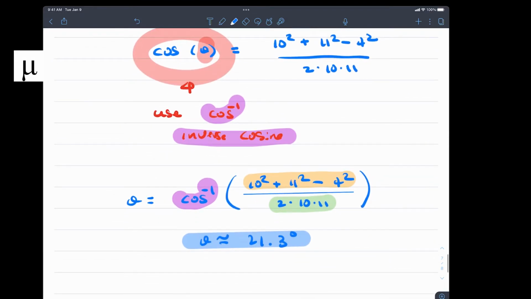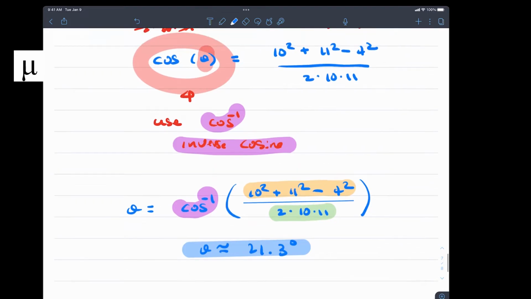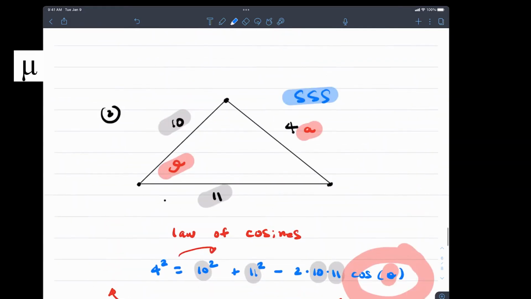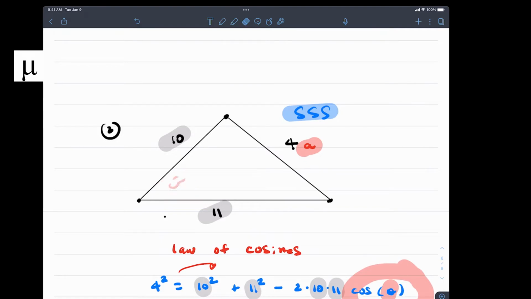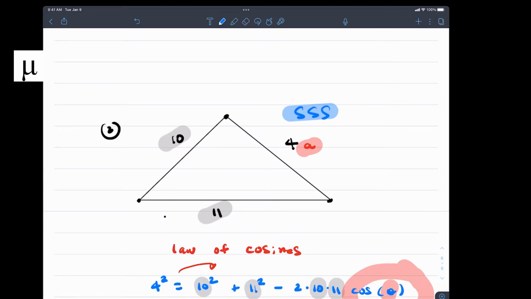Okay, you guys okay with that? All right. So I know this is going to be now 21.3 degrees. Did you guys get that one? Good job. Okay. So if you didn't, you guys want to copy this stuff.